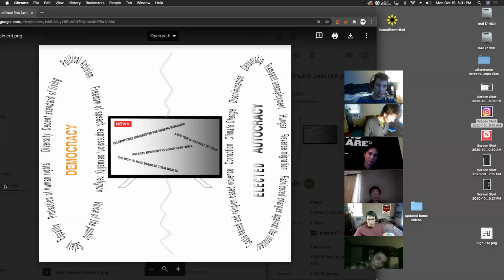This relates to politics, specifically in a country like India that, despite being the world's largest democracy, is slowly moving towards an autocratic method of ruling.